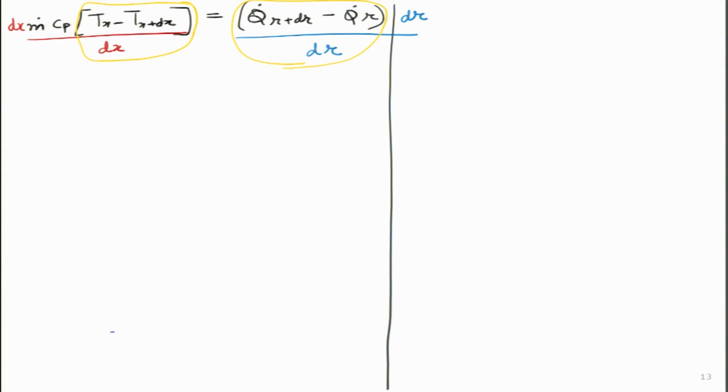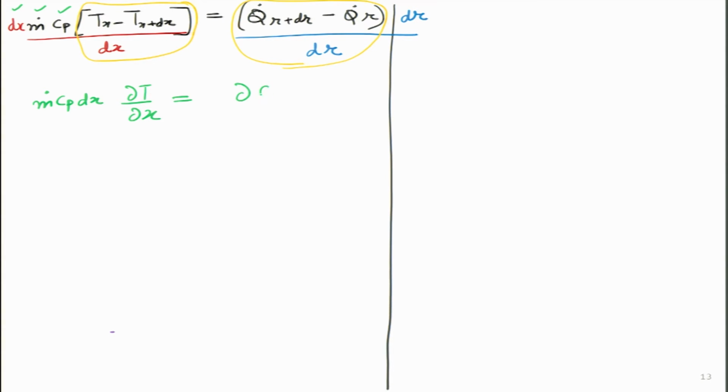So, this is what I am going to write in the next line as this becomes m dot Cp dx. These are these 3 terms over here. So, I am just rearranging them, m dot Cp dx, and can I write it as this becomes del T by del x, and I have to take care of the minus sign somewhere.